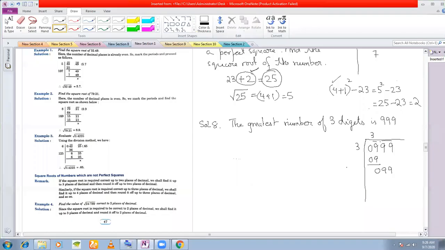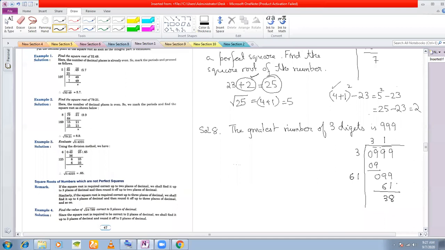So next step is double this, and this should be 6, 61 times 1 gives you 61, you get 38, right? Okay, the remainder you're getting is 38, and the quotient that you are getting is 31.